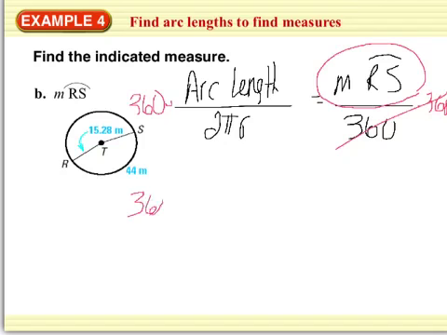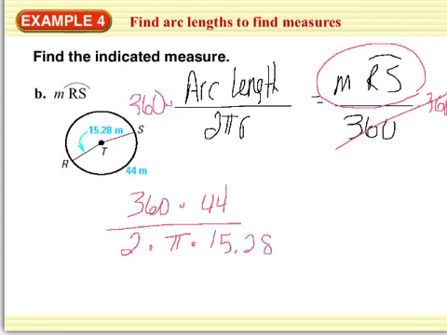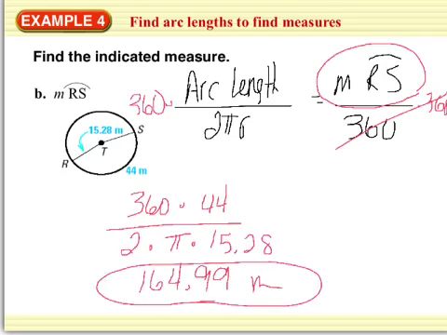I know 360 times the arc length, 44, divided by 2 times pi times 15.28. 360 times 44, divide by 2, and pi, and 15.28. I got 164.9 meters.